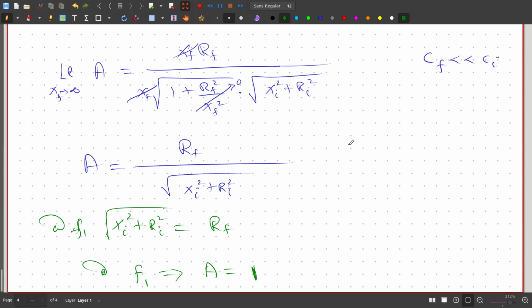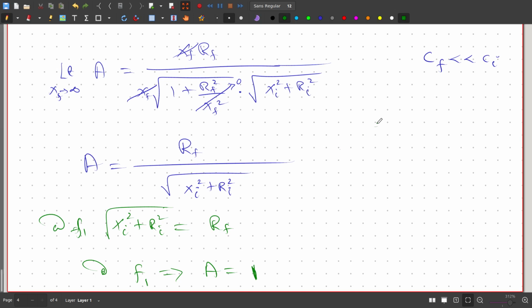And what's the value of this cutoff frequency? We know that Xi equals 1 by 2 pi f Ci, or f equals 1 by 2 pi Xi Ci.